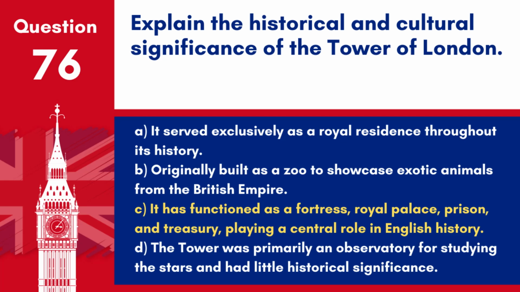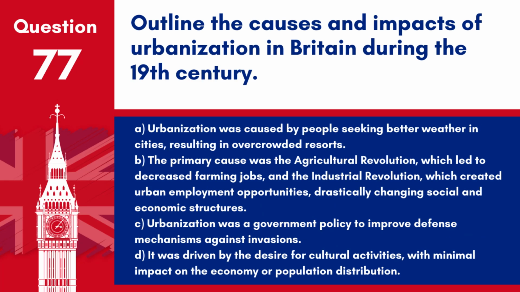Question 77. Outline the causes and impacts of urbanization in Britain during the 19th century. A. Urbanization was caused by people seeking better weather in cities, resulting in overcrowded resorts.